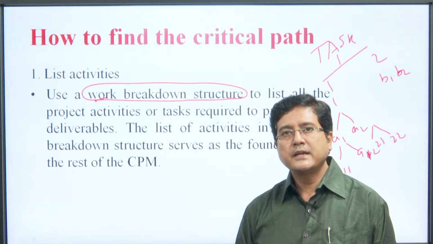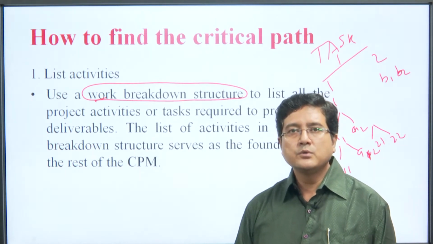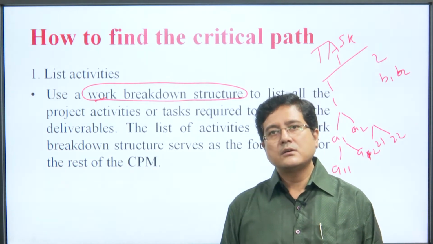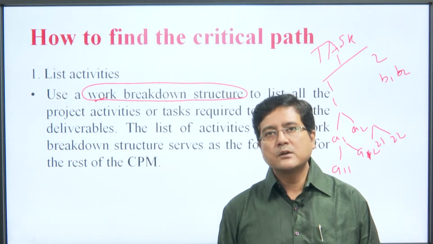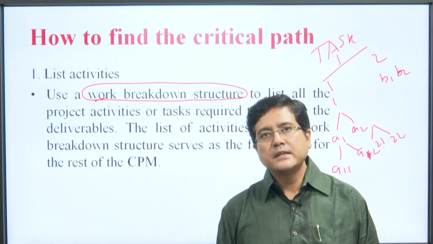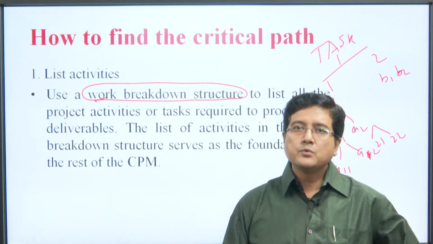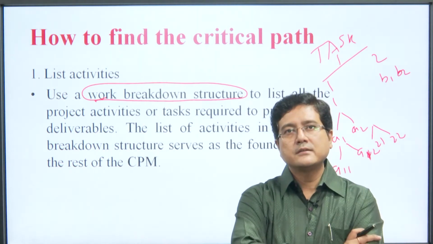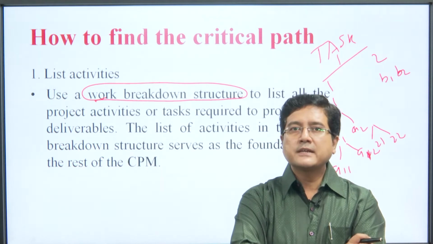If the project manager is inexperienced, does not want to use his skill to maintain the project, or does not know what a breakdown structure is, then it is not helpful for the critical path. He cannot use the critical path method, because a breakdown lists all the project activities.